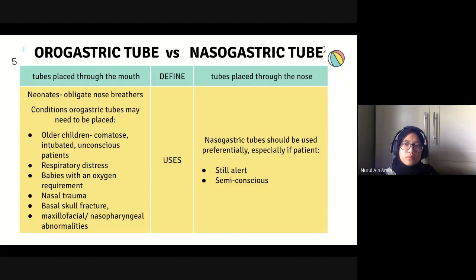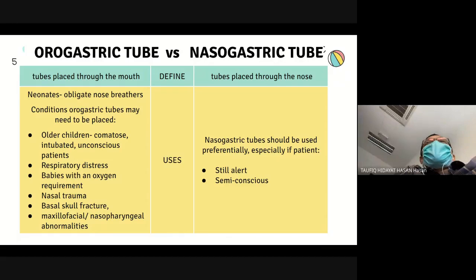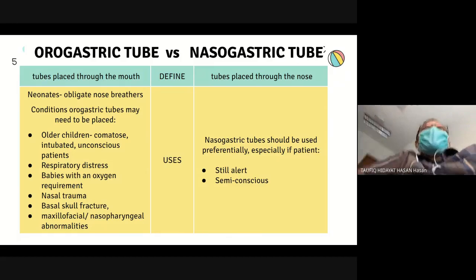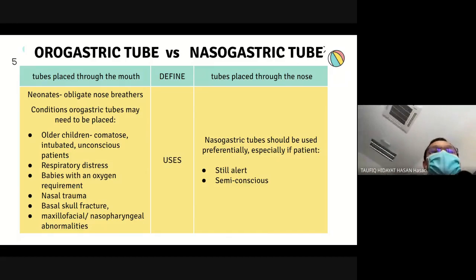So maybe akan gigit-gigit dan rosak pula kalau gigit dengan gigi. Mereka akan punya chewing and maybe will give some problems. So that's why in older children and adult we use NGT. But actually the most physiologic should be orogastric, which is preferably in neonates and infant.